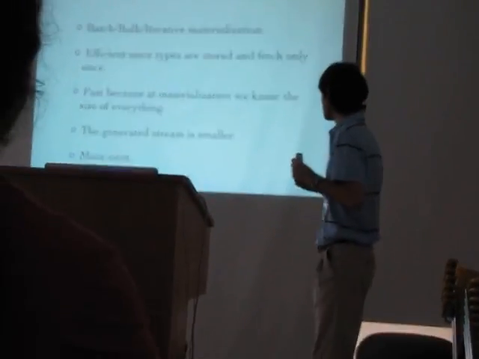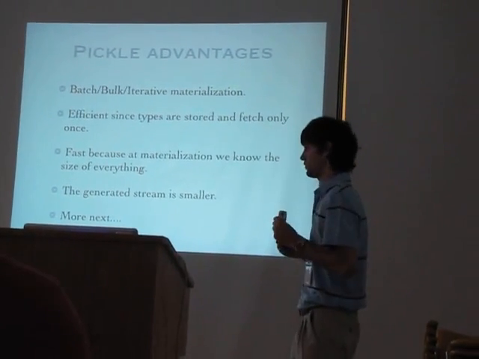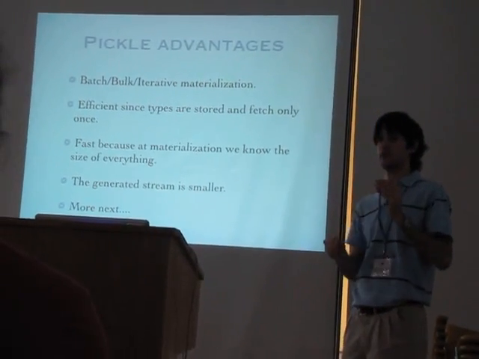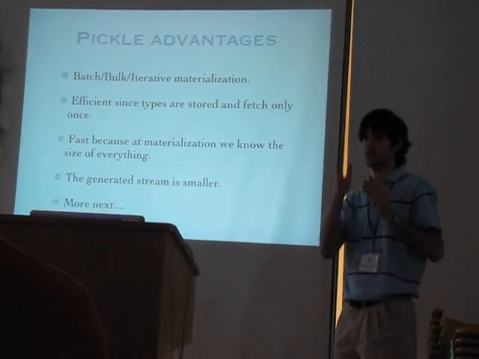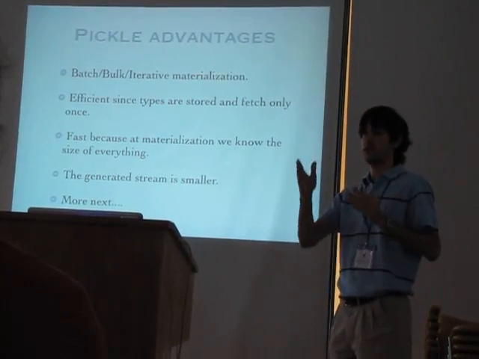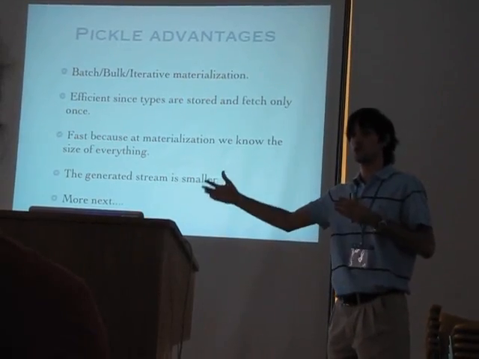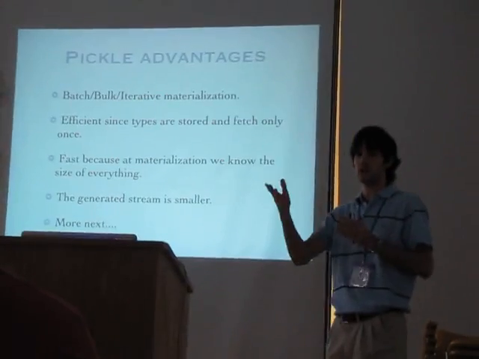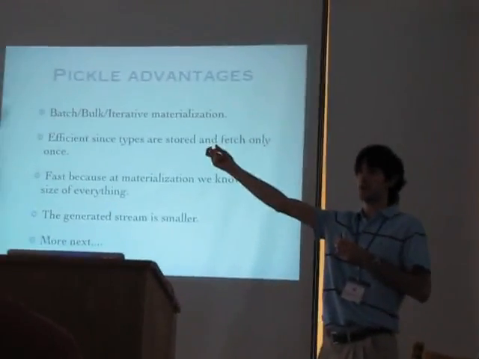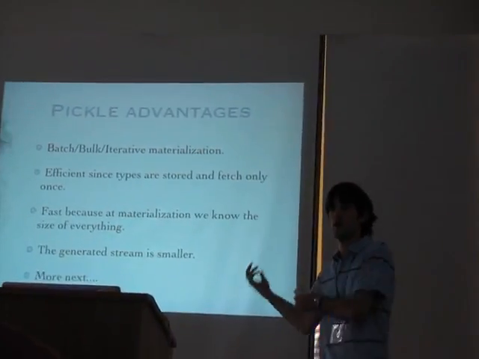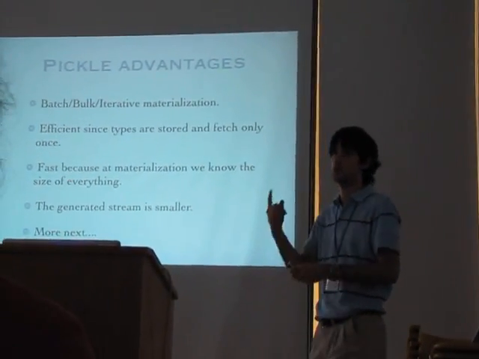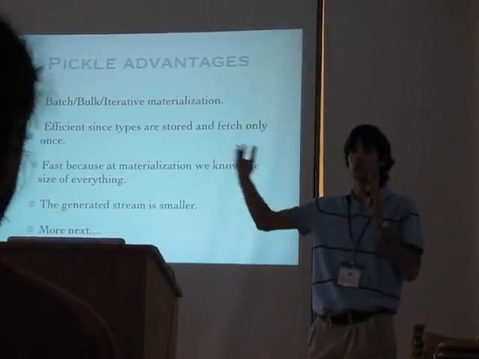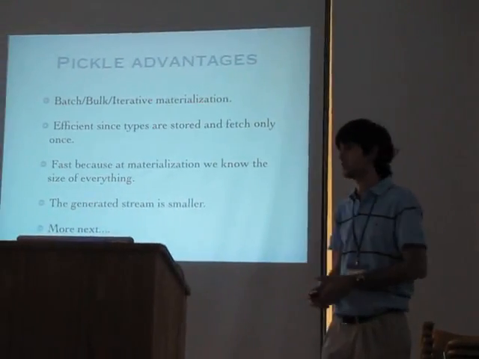And that's efficient as well because we only store the type of an object once in the stream. Because every other serializer has to store the type next to every object, because you don't know the type of the object. You need to store the type so that, from the type, you can get the class and do the basic new, or however you recreate the object. This way we only store it once because we know that all the following objects are of that type.